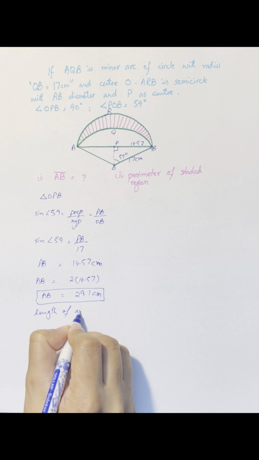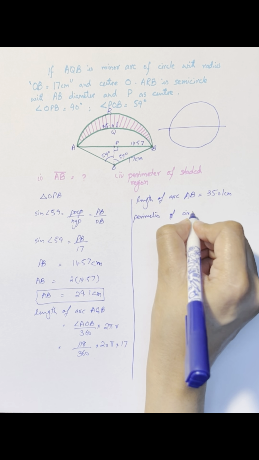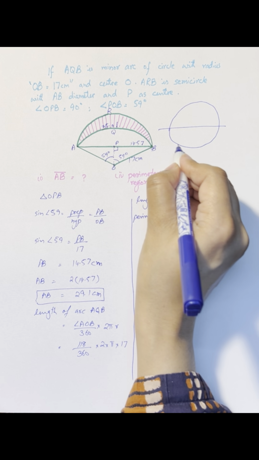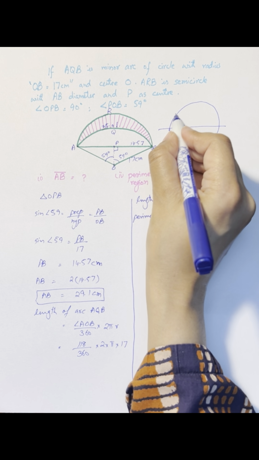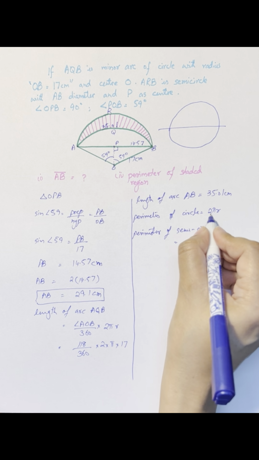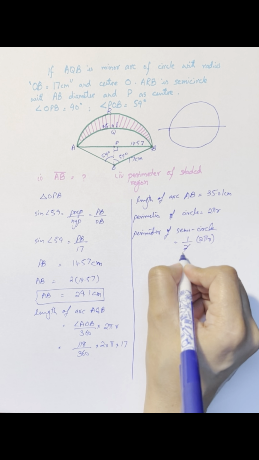Now we should find the length of ARB. As we know that this is the semicircle, if this is the circle, then half of the circle is a semicircle. The perimeter of the circle, meaning the boundary of the circle, has the formula 2 pi r. This whole boundary is 2 pi r and half of this boundary is the perimeter of the semicircle, meaning half of this value 2 pi r.